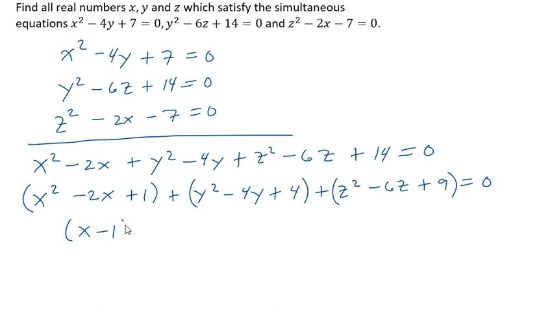x minus 1 squared plus y minus 2 squared plus z minus 3 squared. So the left hand side is equal to 0.